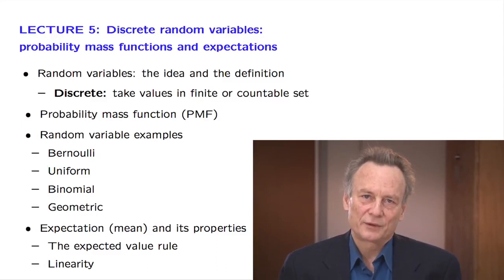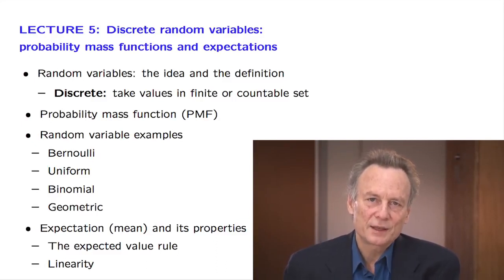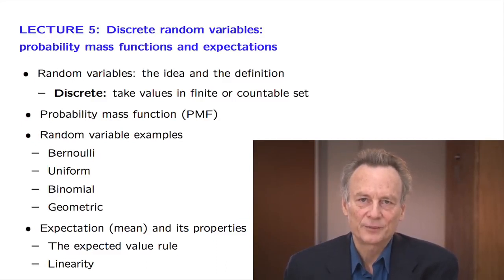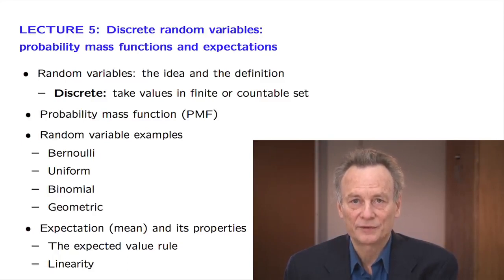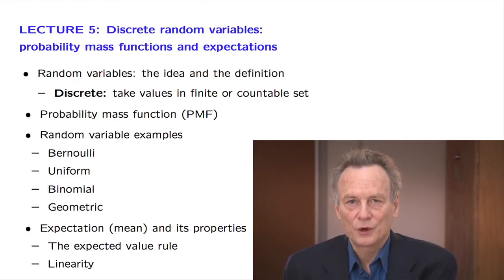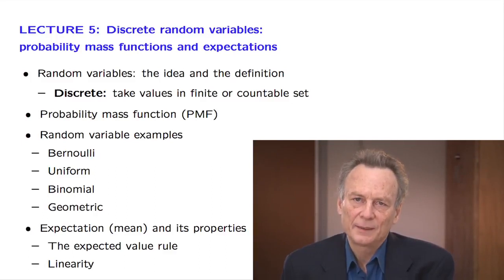To any discrete random variable, we will associate a probability mass function which tells us the likelihood of each possible value of the random variable. Then we will go over a few examples and introduce some common types of random variables. And finally, we will introduce a new concept, the expected value of a random variable, also called the expectation or mean.